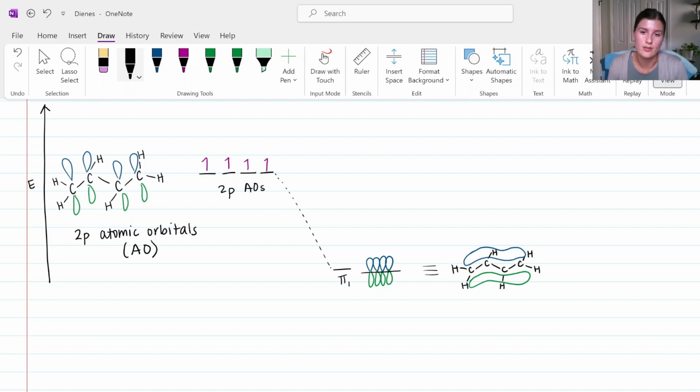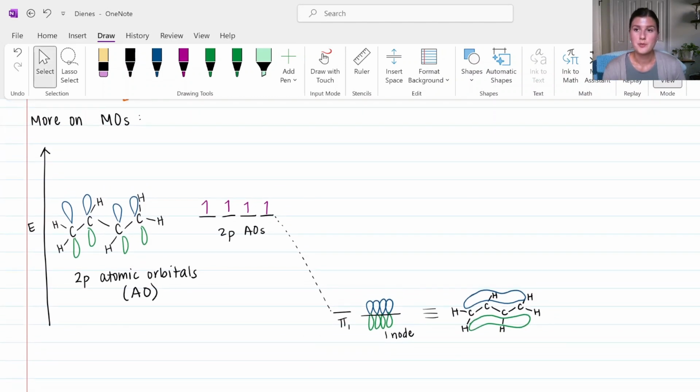There's a node across the center of the p orbital. So we have one node. Now, as you increase in number of nodes, you increase in the energy of the molecular orbitals. And so as we add and draw the additional molecular orbitals, they will increase in the number of nodes that are present.